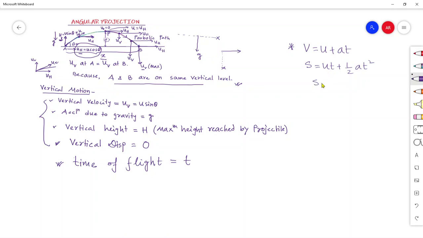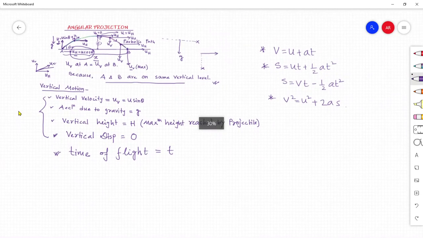This can also be written as vt minus half at squared in terms of the final velocity. Then we know v squared equals u squared plus 2as. So these are the equations that we already know. Now we are going to make use of these equations in this angular projection topic very wisely so that we can get a clear conception of it.